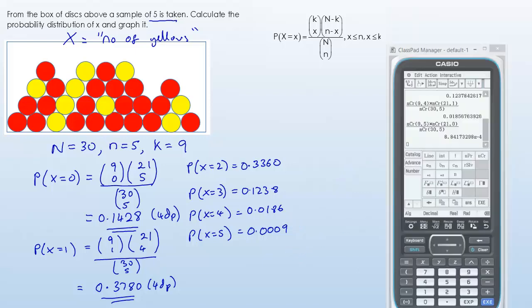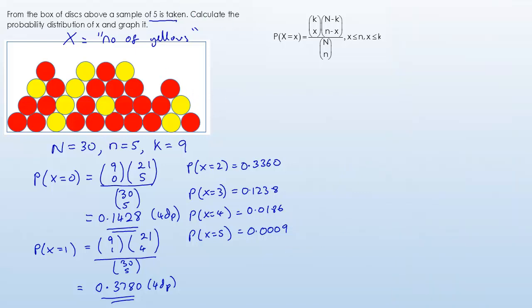So we're asked to graph it. Now, I'm going to do this quite roughly over here. You could actually make a slightly better job. So we'll have the value of x over here, and the probability of x being x up here.